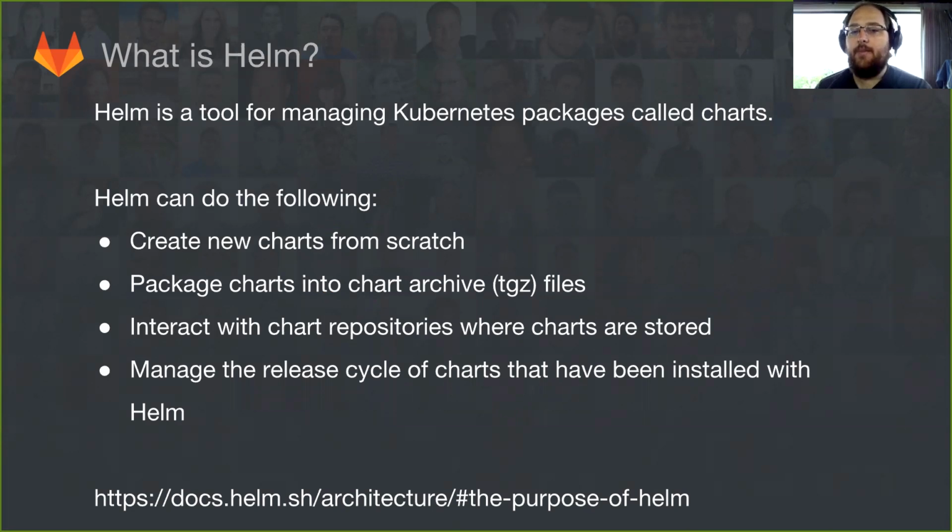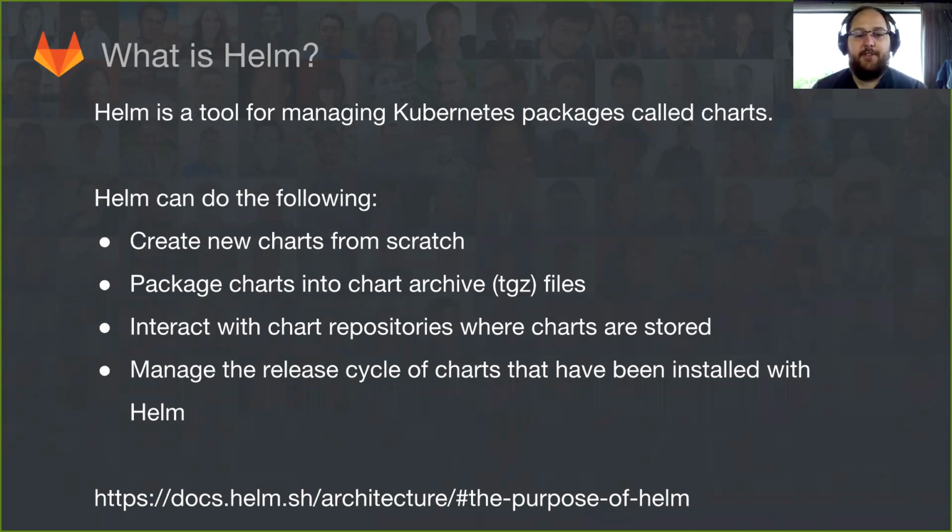So Helm, the program, allows you to create new charts from scratch, kind of like a generative skeleton template that you can fill in. It can package those charts into chart archive files, which are TGZ format.